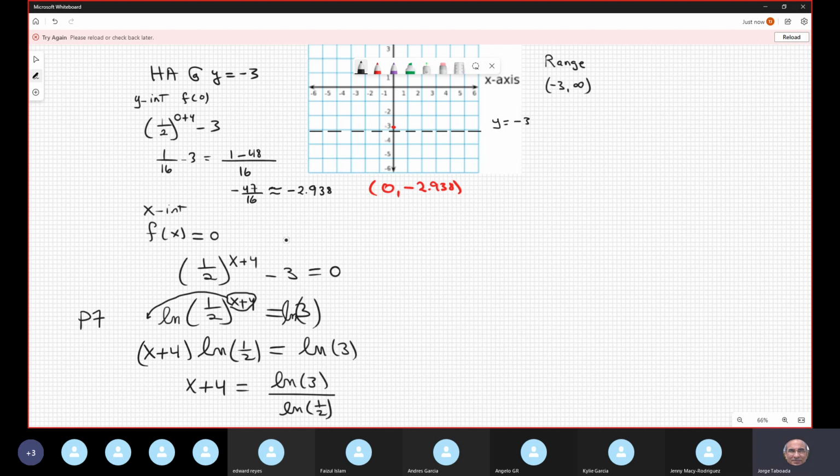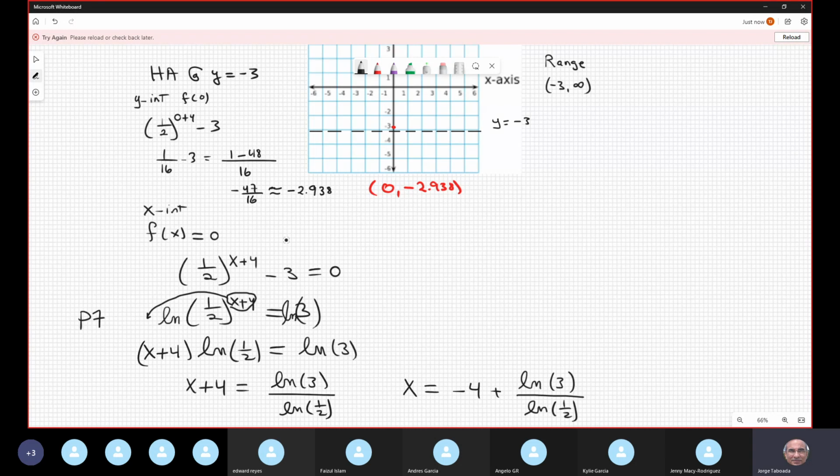You put x is equal to minus 4 plus the natural logarithm of 3 divided by the natural logarithm of 1/2.